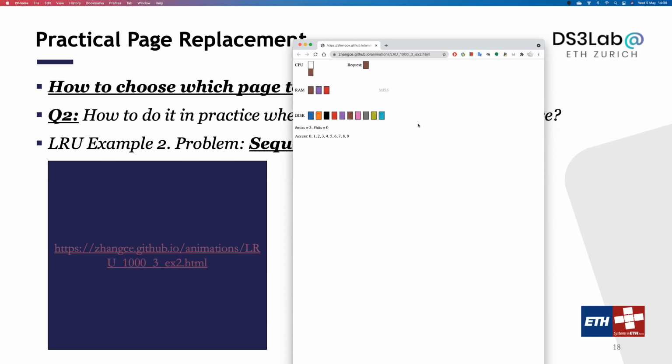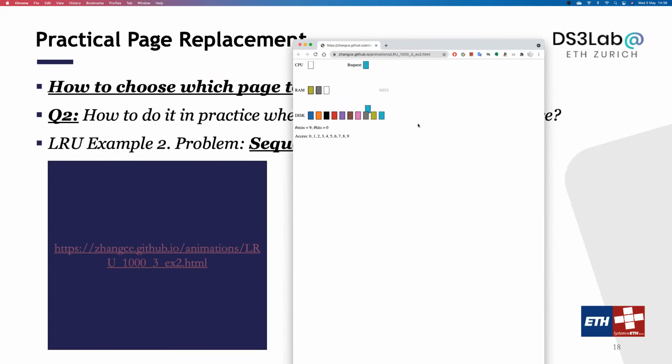One problem related to this is if you are doing those sequential scans repeatedly. For example, you go from 0 to 9, and then from 0 to 9 again, and you keep doing this. You can repeat this example again and again, and you will always have cache misses.